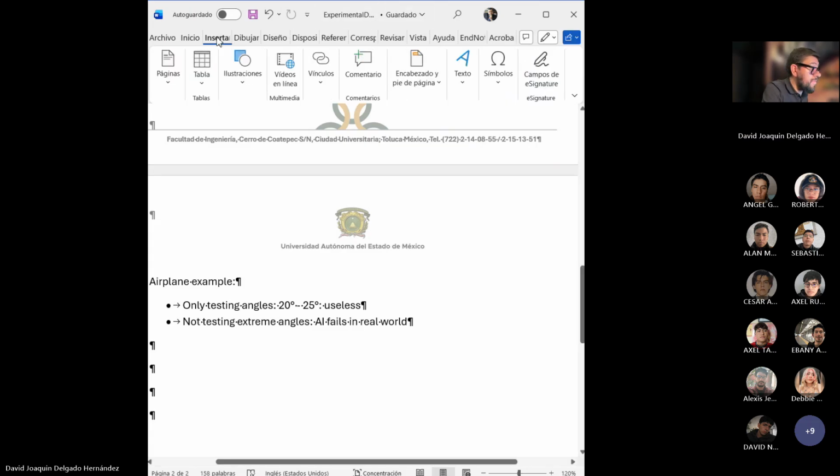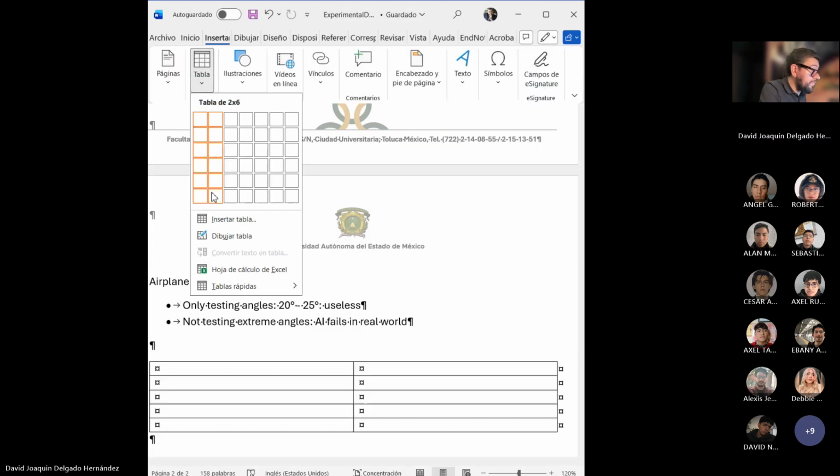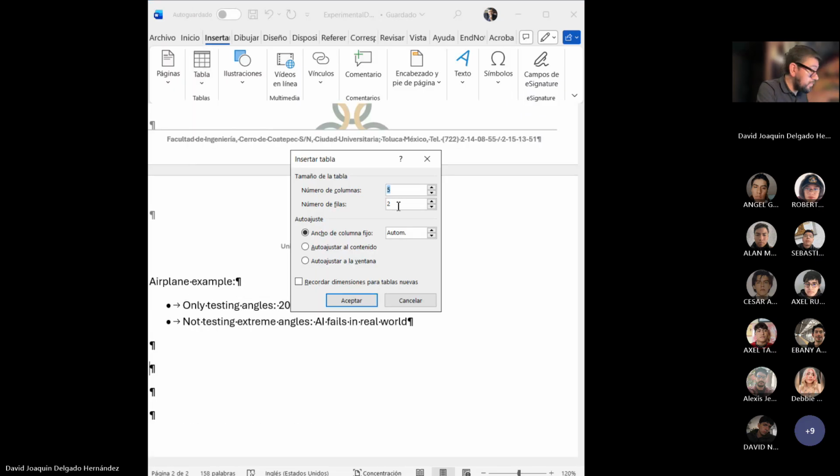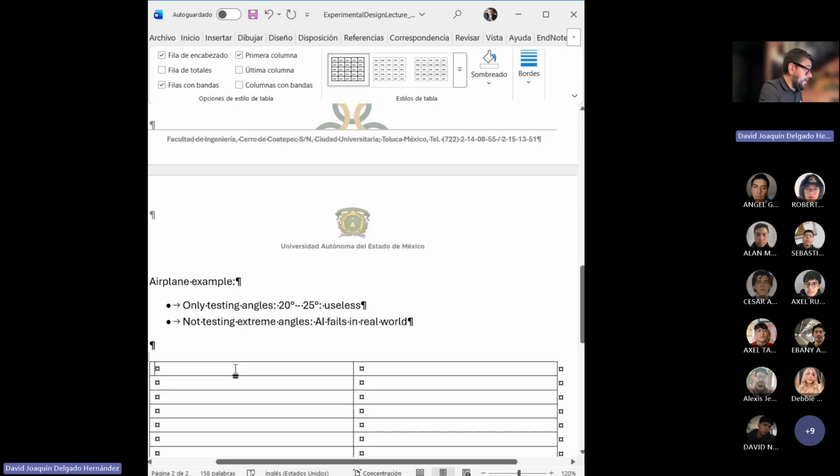So this is 2, and this is rows number 7. And we are going to compare. Here I am going to put the experimental design.